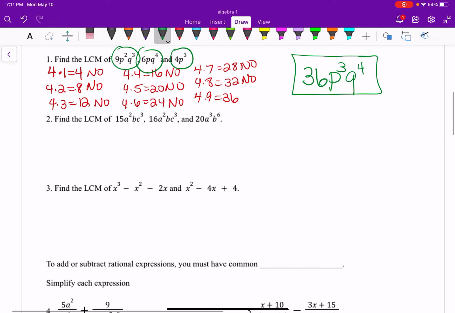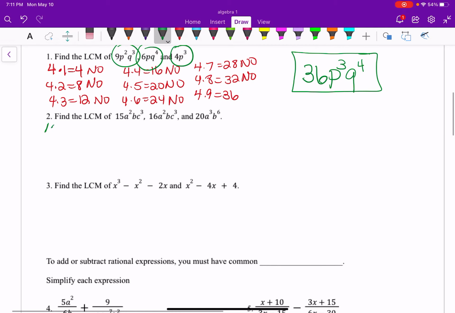So let's look at the next one. Our smallest number to deal with is 15. We have to find a number that 15, 16, and 20 all go into. Because we're dealing with the least, we start with the smallest number. I'm going to start with 15 times 1. That doesn't work. 16 and 20 don't go into it. 15 times 2 is 30. 15 times 3 is 45.